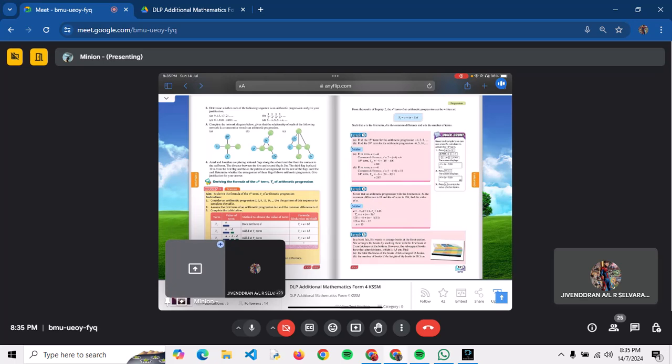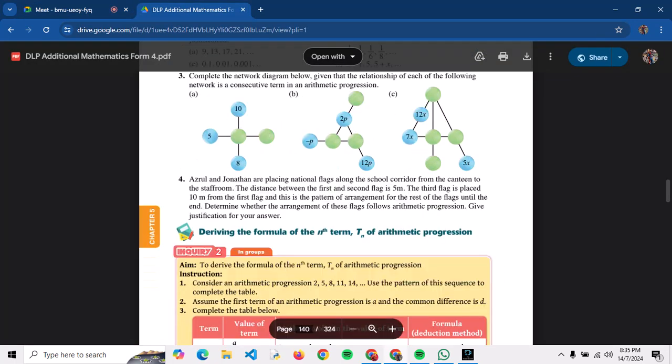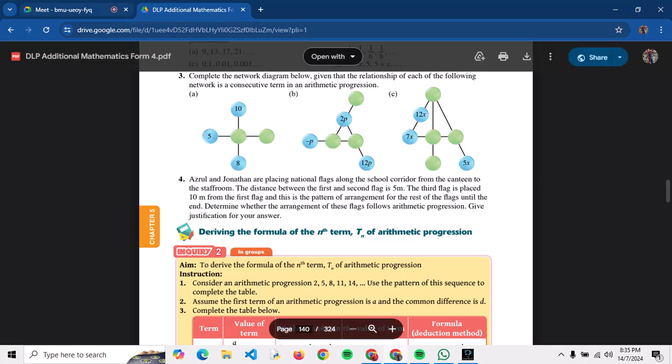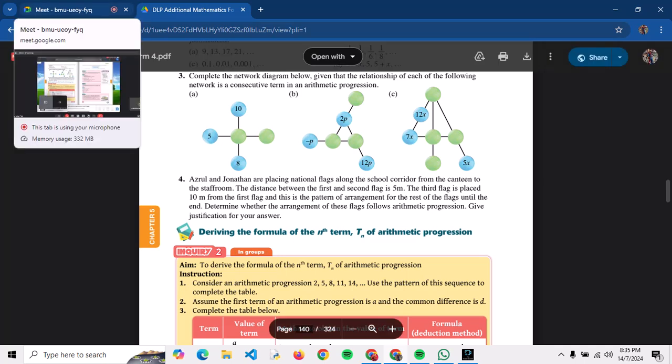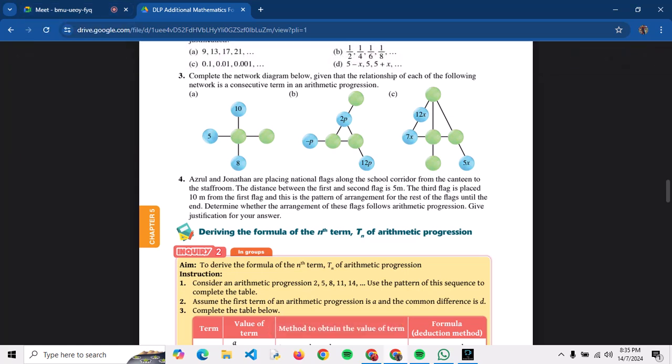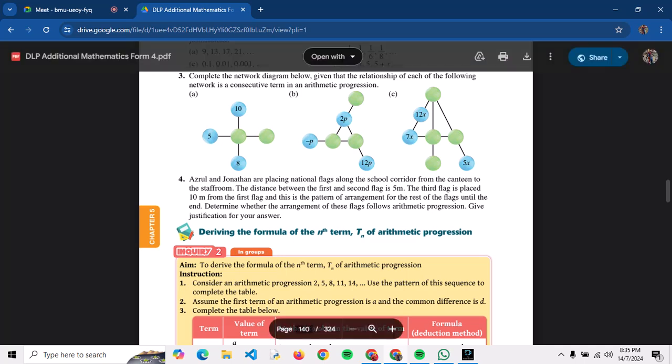Determine whether the arrangement of these flags follows an arithmetic progression. Give justification for your answer. So the distance between the first term and second term is 5 meters, and the third is 10 meters away from the first term.